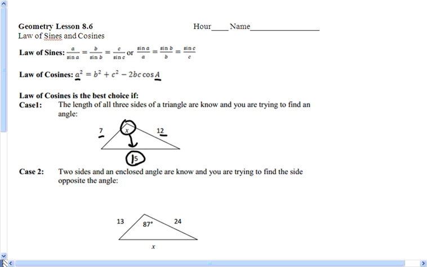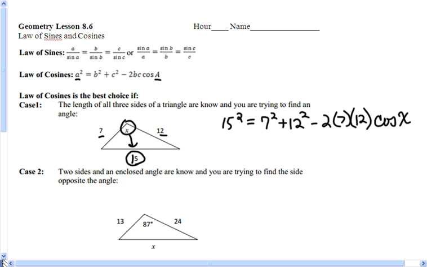We're going to substitute 15 for a, so 15 squared equals, and then we're going to substitute 7 and 12 for b and c. And then we're going to subtract 2 times b times c, and times the cosine of angle a. In this case, it's x. And that's in degrees.